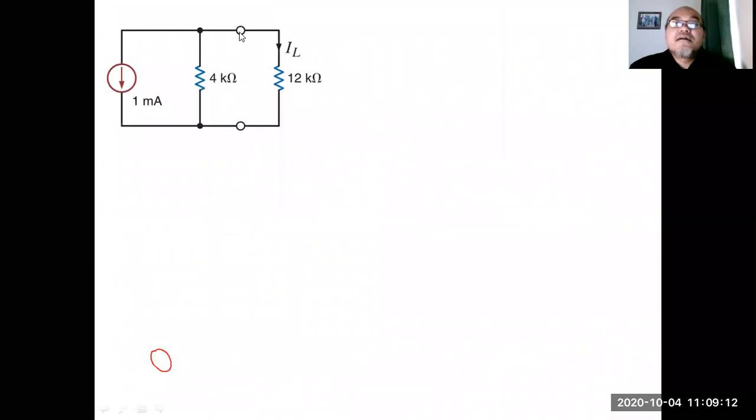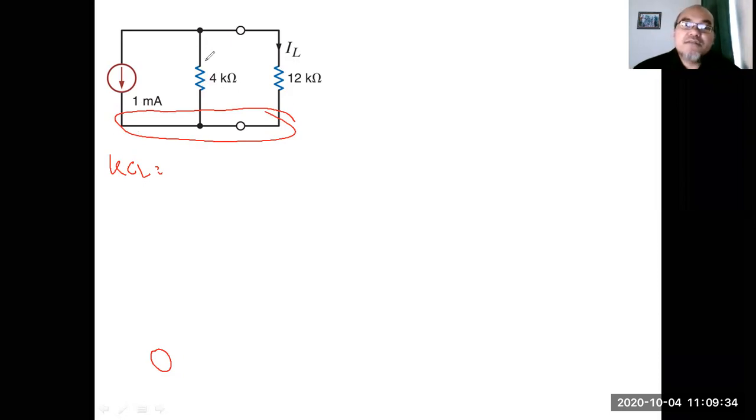Okay, we annotate. Based on this, let's say we calculate using Kirchhoff current law at the bottom node. Current in equals current out. Since everything is going down, we make the assumption that when the current flows here, it splits.